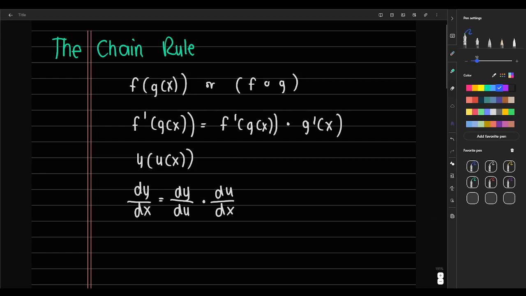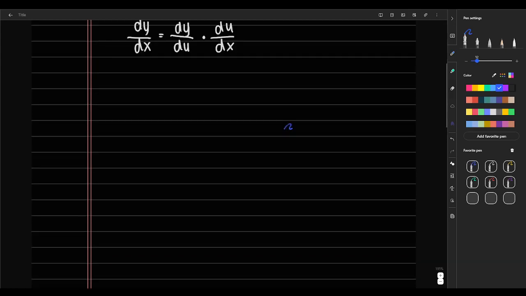Derive f of x, which is equivalent to the square root of x squared plus 1. For an algebraic function with a radical symbol, the chain rule will be very useful here.